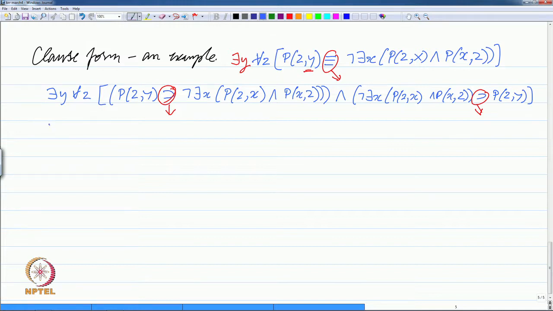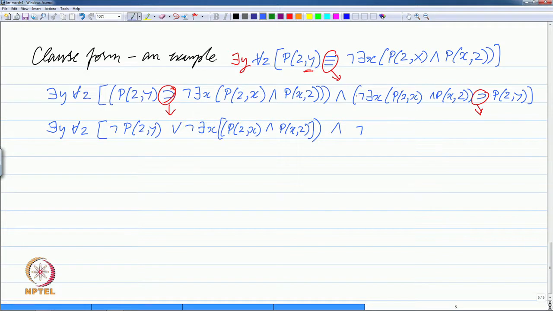So, we get that is the first part, and the second part is that.